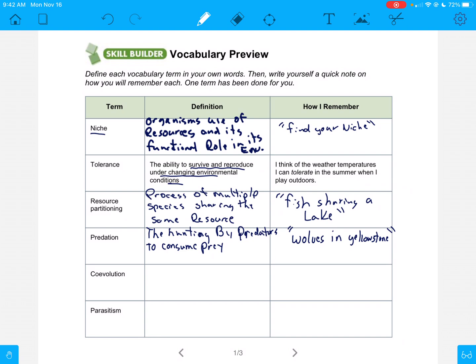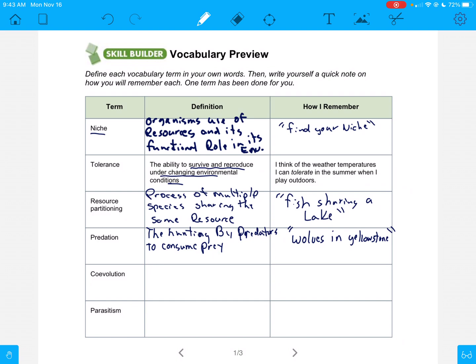A change in one species, therefore, is usually followed by a change in the other. A newt, for example, might evolve toxins that kill animals that prey on it. Some predators, however, might evolve immunity to the toxins. Then, in turn, the newts evolve even stronger toxins. And so it turns into this escalation, almost like Cold War or something. And we do see a lot of that in nature.